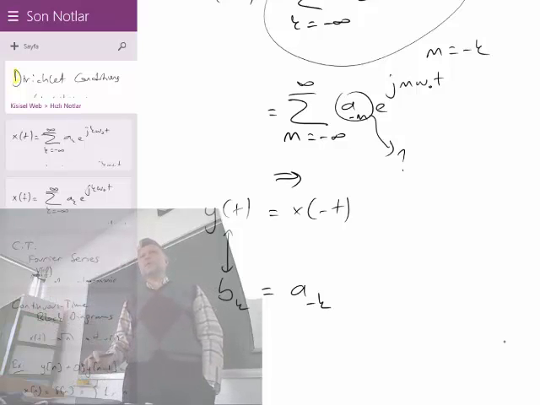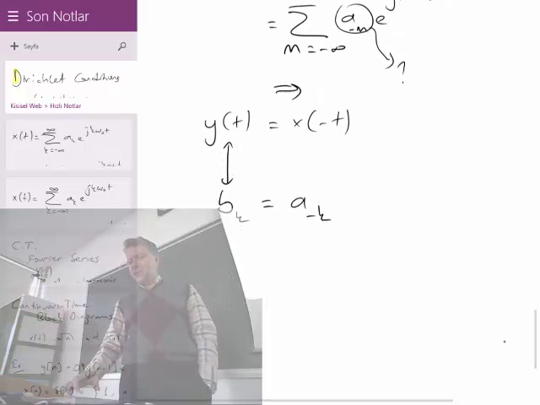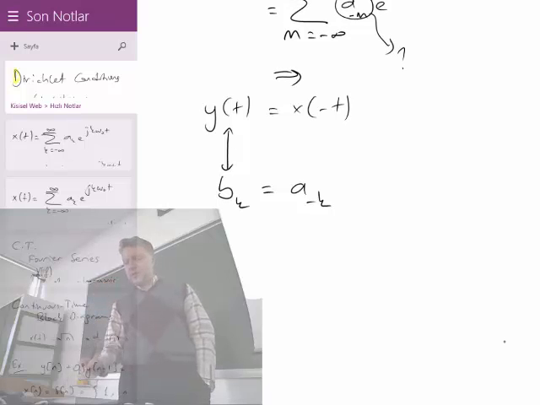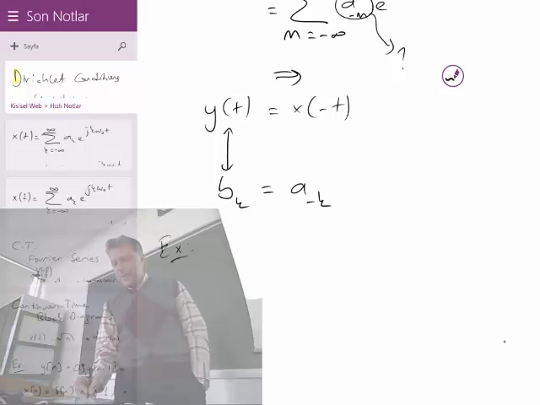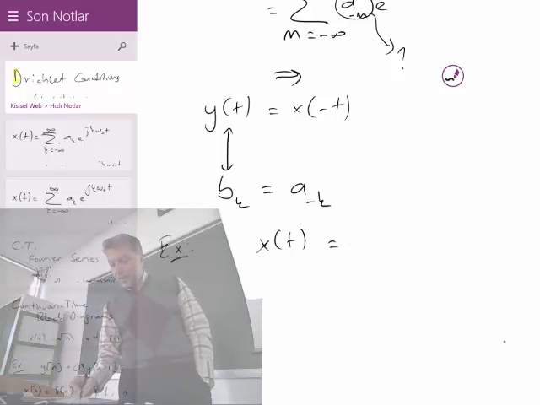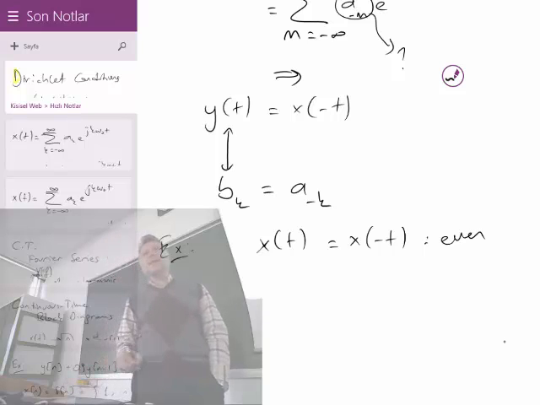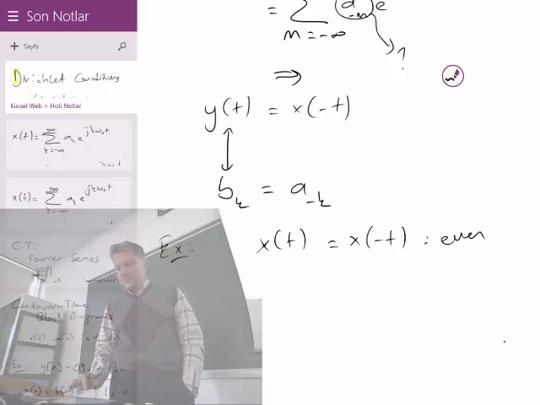is equal to minus sine of omega 0 t. Do you remember what sort of a signal is that? We gave some particular names to such signals. These are exercises. If x of t is equal to x of minus t, we called this an even signal, and cosine is an even signal.